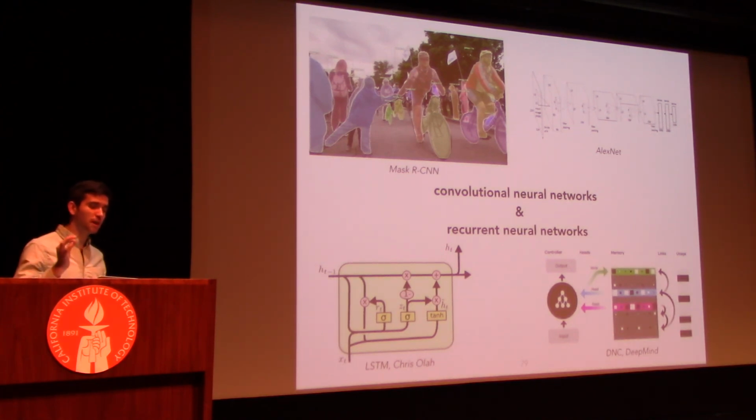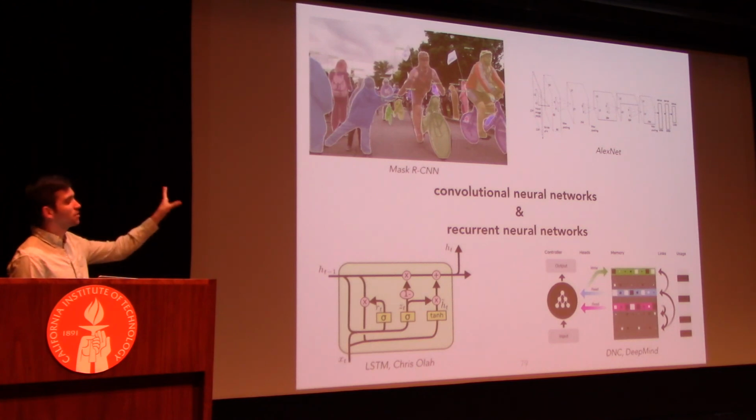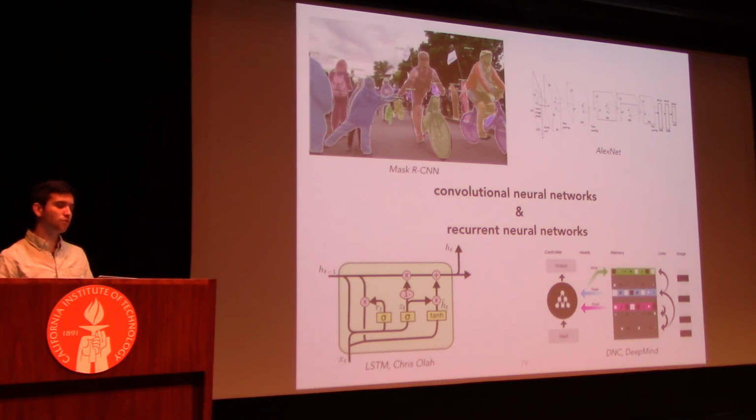So a deep neural network has learned how to output a mapping that says this is where this person is, this is where this bicycle is. And you can't really see it exactly, but there's boxes drawn around each person, each bicycle, everything in the image. And all these models generally rely on convolutions, which is a way of restricting a network in some way in order to make learning more tractable.